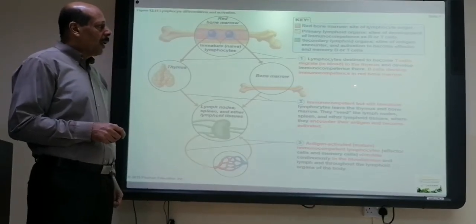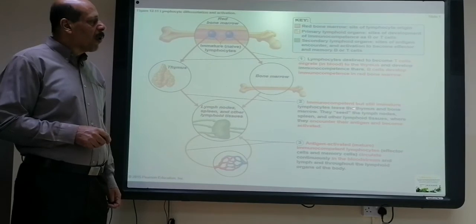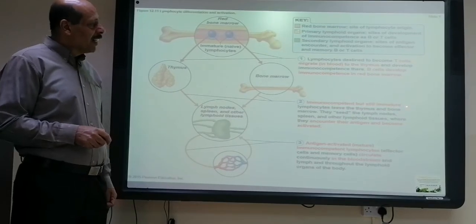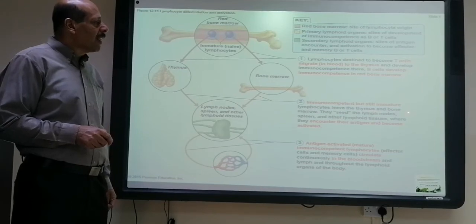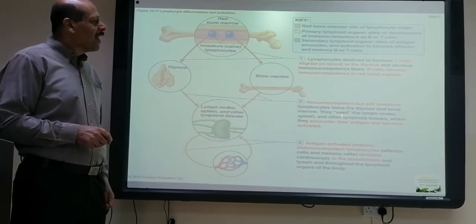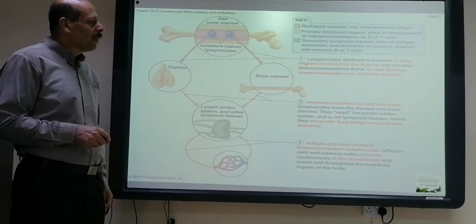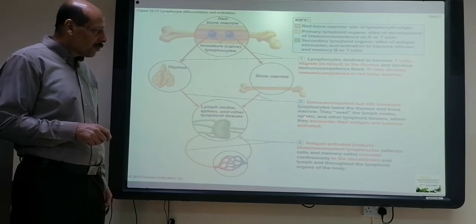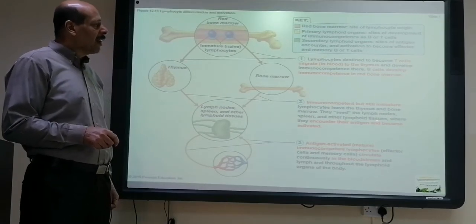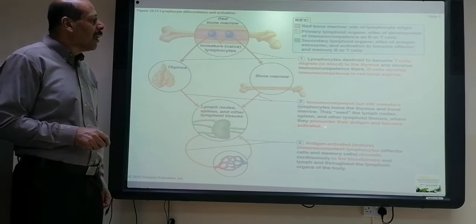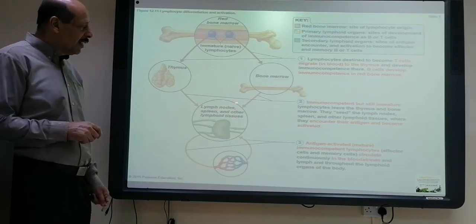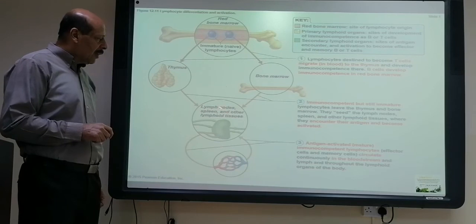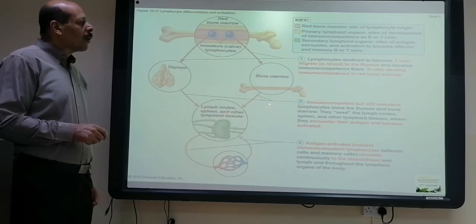Then the immunocompetent but still naive lymphocytes leave the thymus and bone marrow. They go to the lymph nodes, spleen, and other lymphoid tissue, where they encounter their antigen and become activated. So they will be activated in the lymph nodes or the spleen.